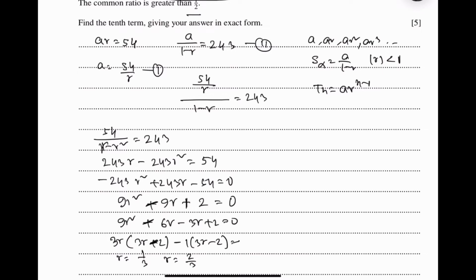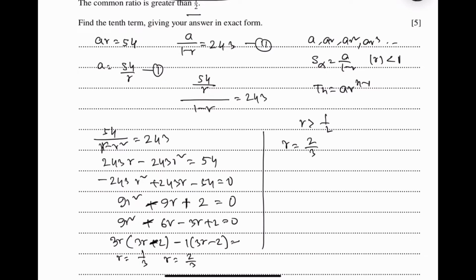Now in the question it is given r is greater than half. So we will consider r equals 2 by 3. Now we need to find a also.